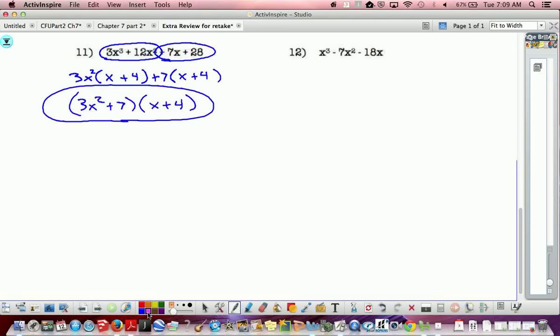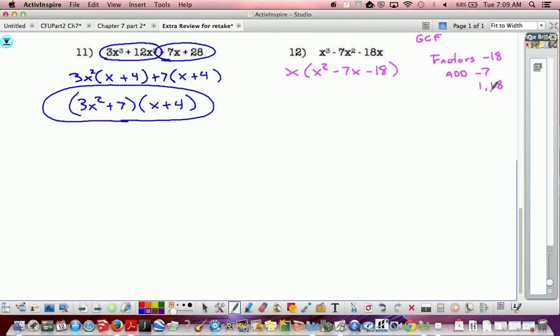All right, last one. x cubed minus 7x squared minus 18x. Only 3 terms. So I'm going to start with greatest common factor. They all share just an x. So I have x squared minus 7x minus 18. Then I ask myself, all right, factors of negative 18 that add to negative 7.